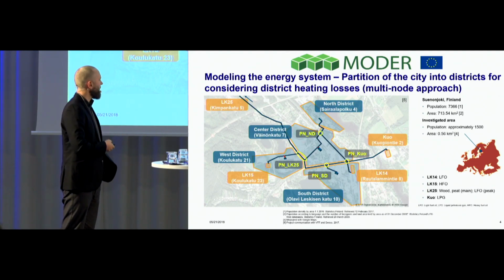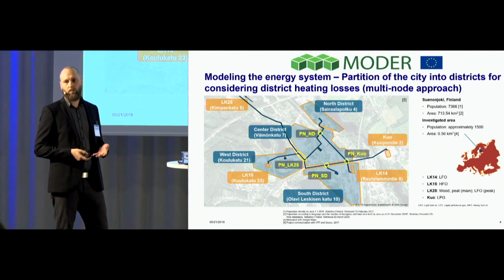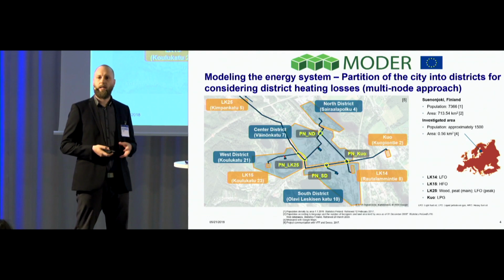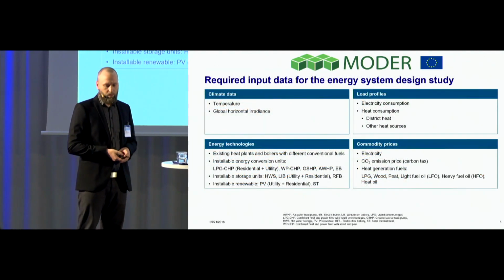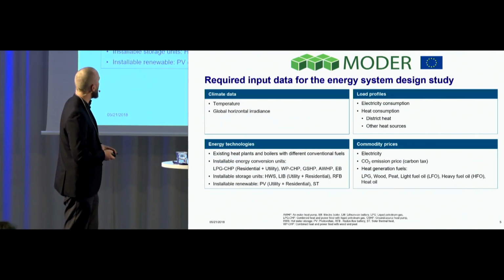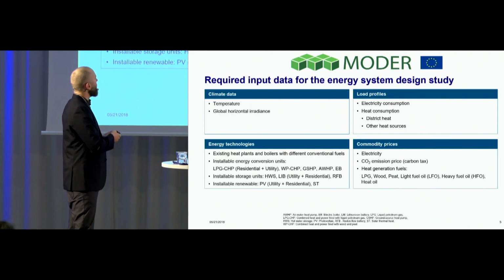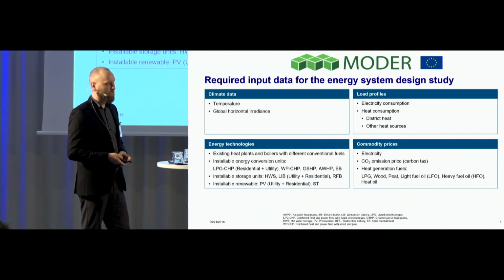The reference case was modeled so that it is as close as possible to the real case existing at the moment in Suonenjoki. Here is some initial data that we needed to dig out. This was really a big task, to try to find all the profiles and such things.